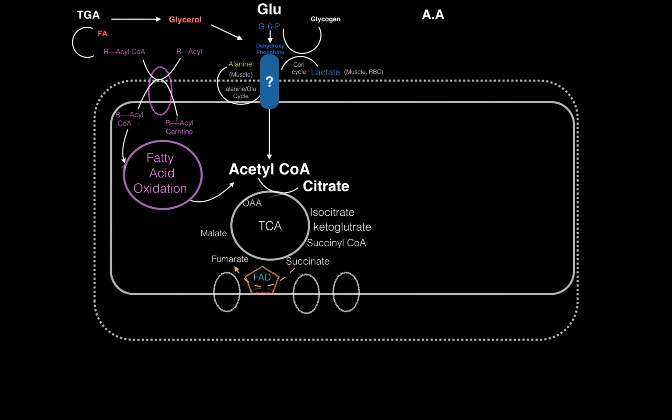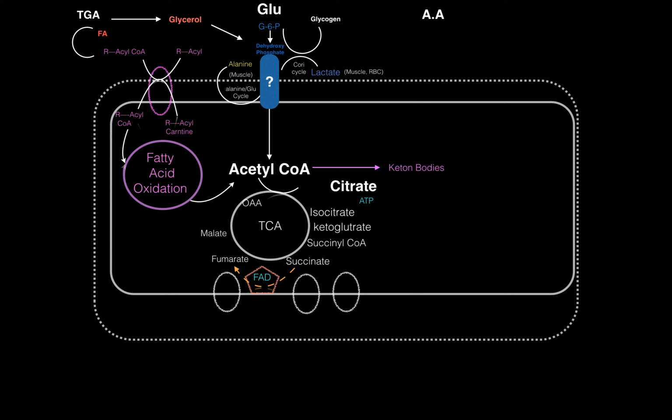That's why we can't form citrate, because in order to form citrate, we need a 4-carbon structure to join with acetyl-CoA to form the 6-carbon structure citrate. So what happens to acetyl-CoA? It will accumulate in mitochondria and then be converted to ketone bodies. This happens during starvation when we don't have enough glucose.